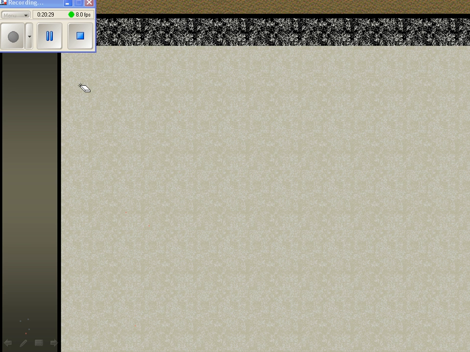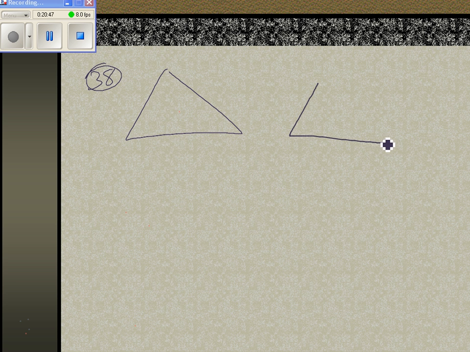38. Going by what we've already said today, what do you know about these two triangles?